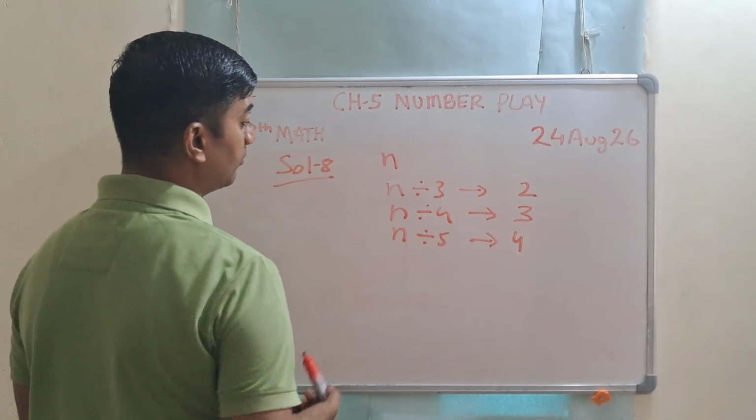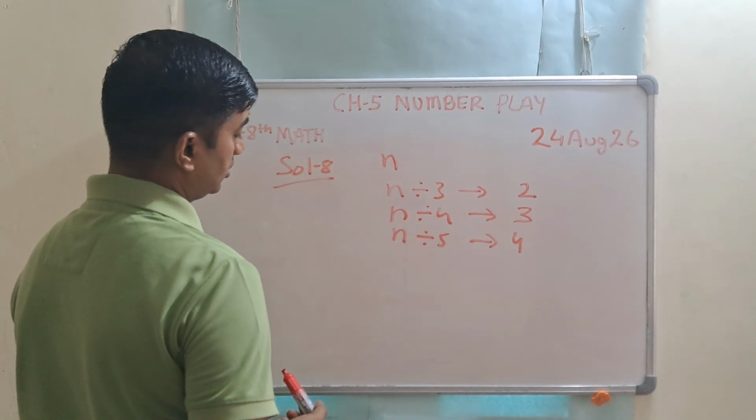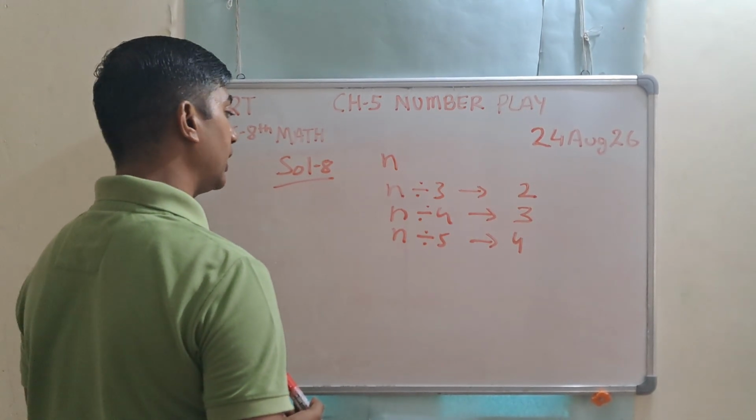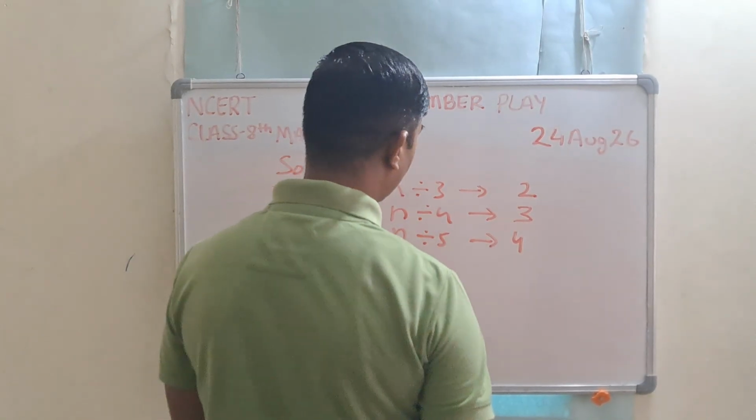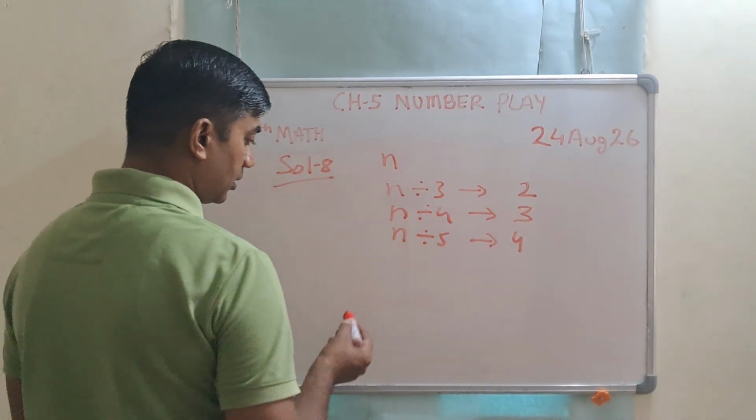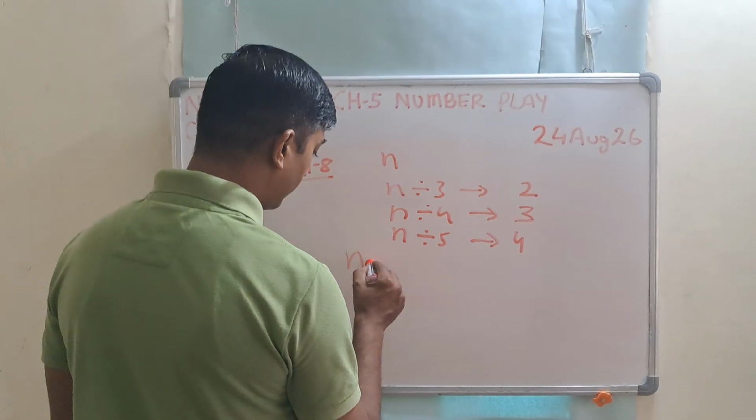Now see, to complete this number so it is divisible by 3, we subtract 1 from this number, n minus 1.